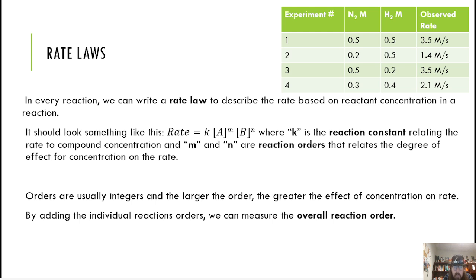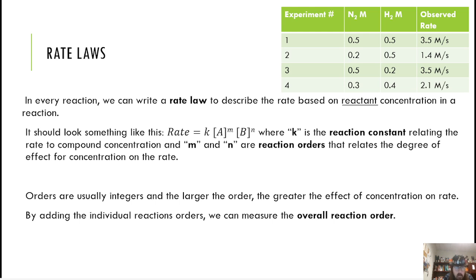In a simple reaction of N2 plus 3H2 goes to NH3, you would expect that hydrogen has a triple effect on the reaction rate, but that's not always the case. Hydrogen may have an even greater effect.